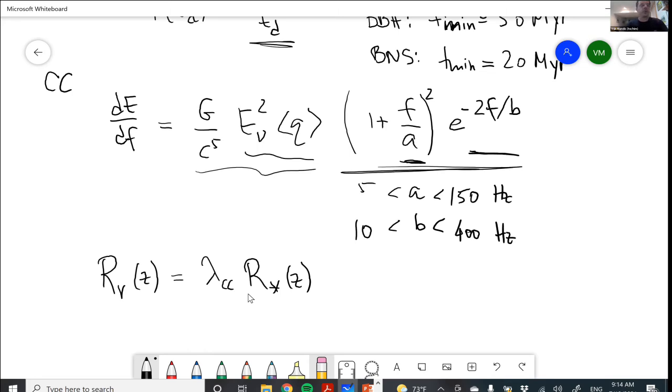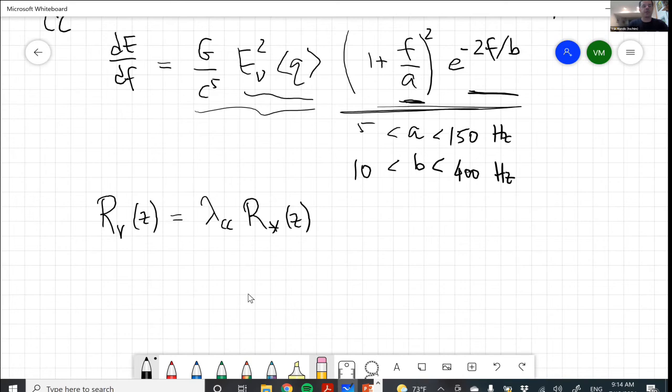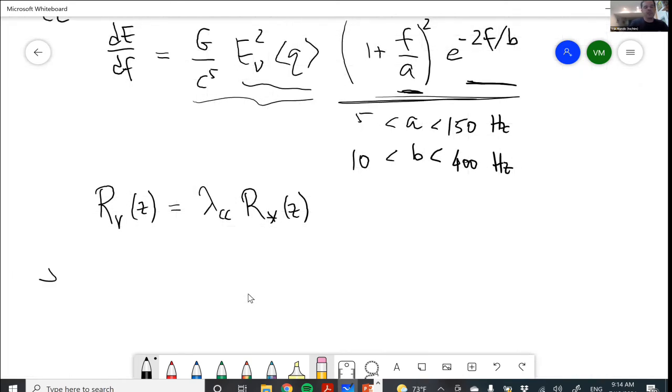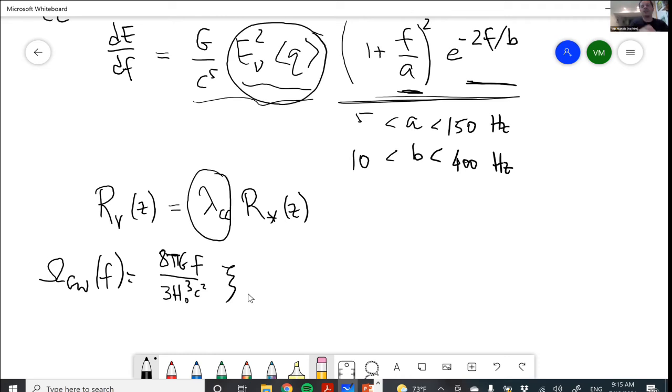So when we pull all of that together, we can write Omega_GW for this model. We will have the usual prefactor, 8 pi G over 3 H_0 cubed c squared. There will be a factor that we called xi, which basically captures the 3 unknown scaling factors.